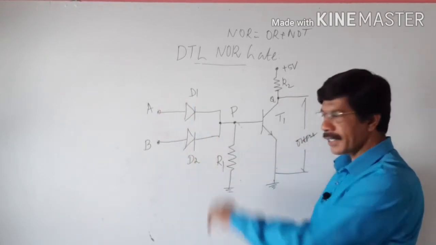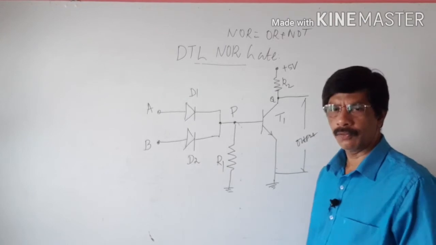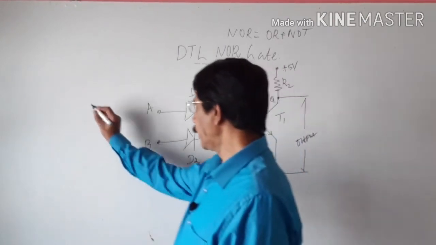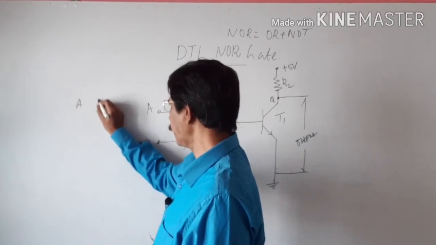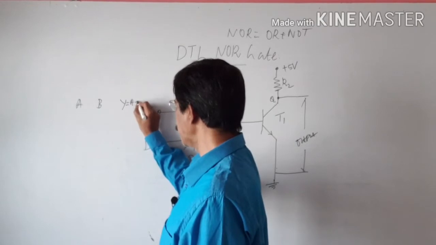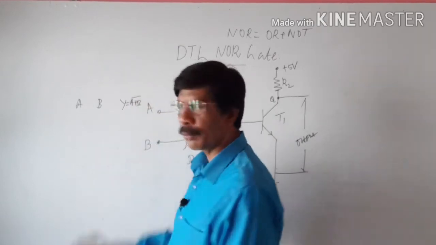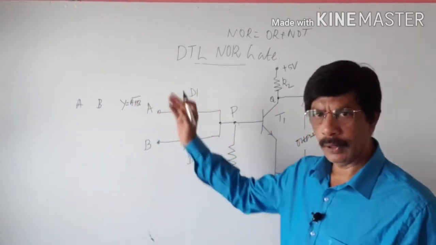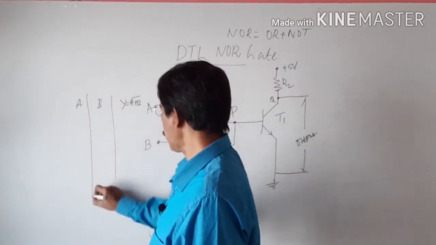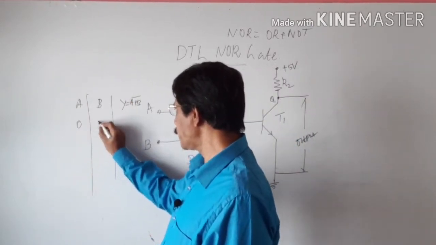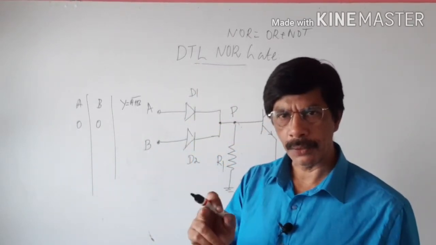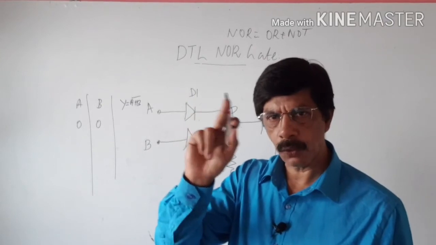Before analyzing the circuit, what is the truth table? Already we know, but anyway, the input A, another input B, output Y. The output Y is equal to A plus B, whole bar. This is the Boolean equation for the NOR gate. When A is equal to 0, B is equal to 0, 0 plus 0 is equal to 0, 0 complement is equal to 1.